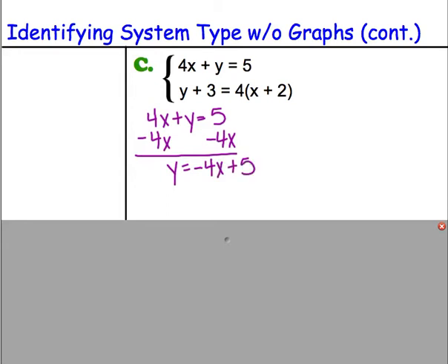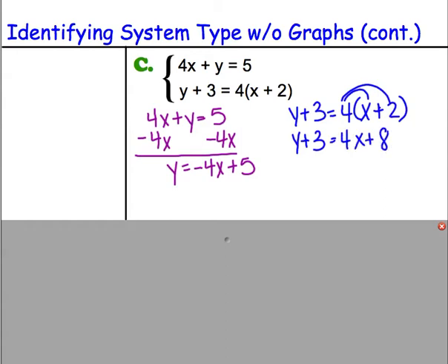Then we look at our other equation, y plus 3 equals 4 times x plus 2. We can go ahead and distribute here, giving me 4x plus 8. Subtract 3 from both sides, which gives me y equals 4x plus 5.